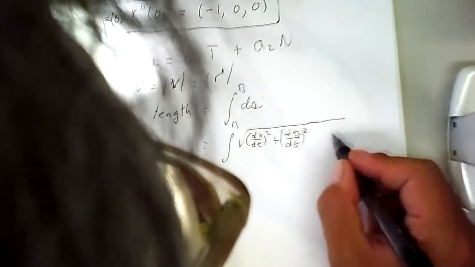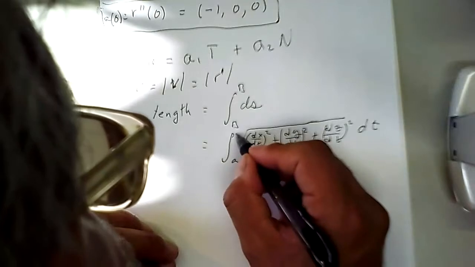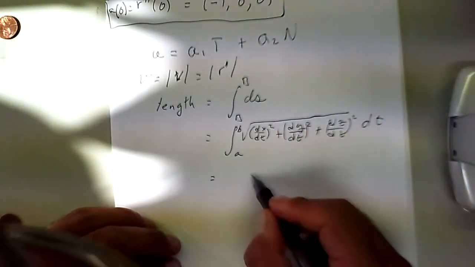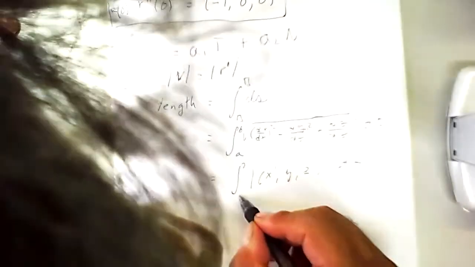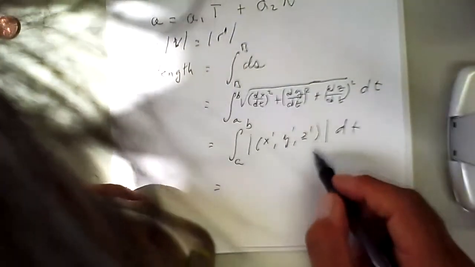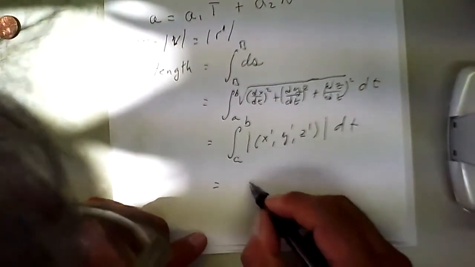So this is a quick review of what we've been doing. T squared dt, and let's just label this as going from A to B. And this happens to be the magnitude of the vector x prime, y prime, z prime, where the primes correspond to t. Same integral, A to B. And that is the same thing as r prime.